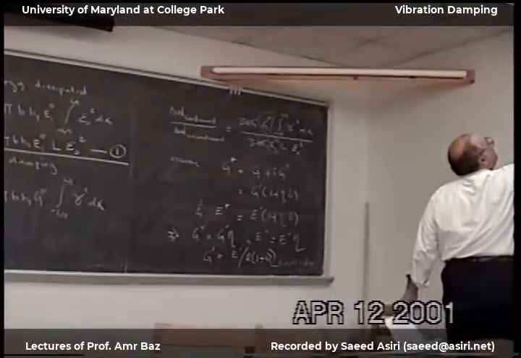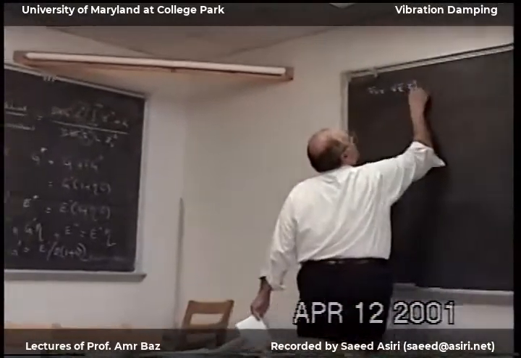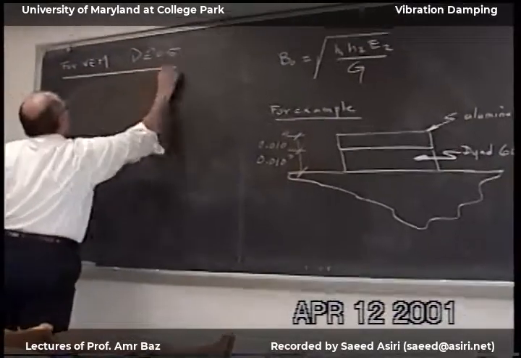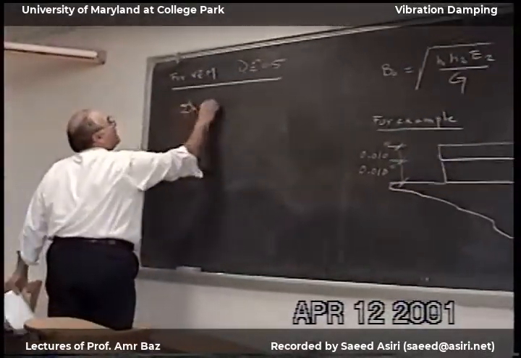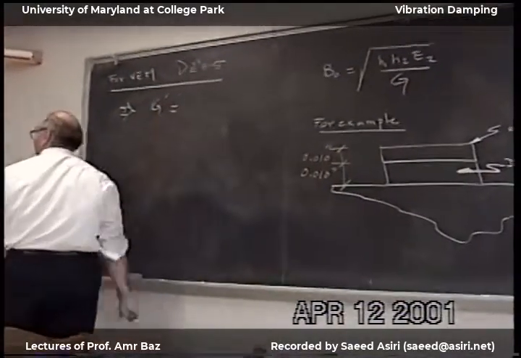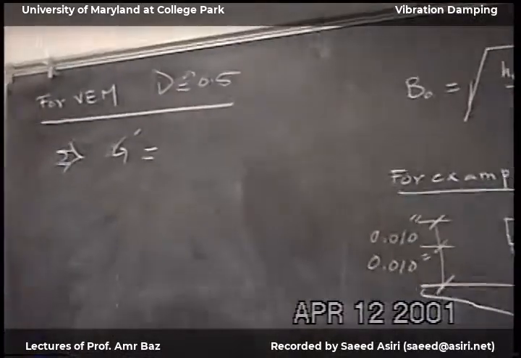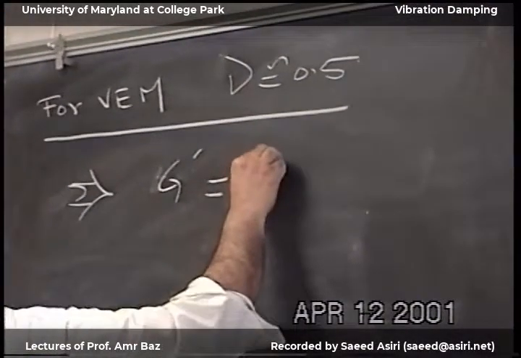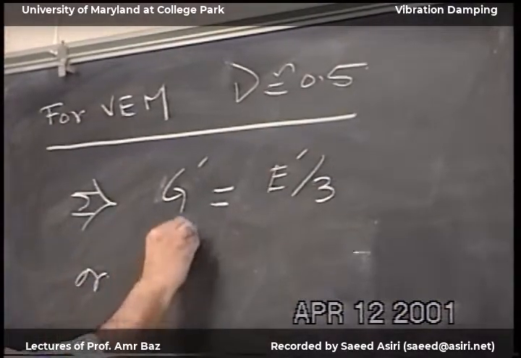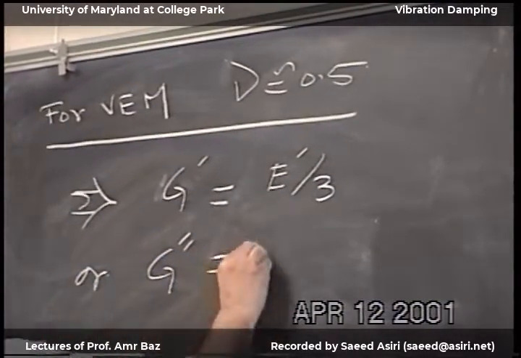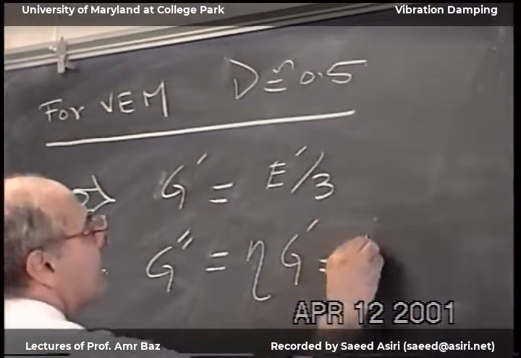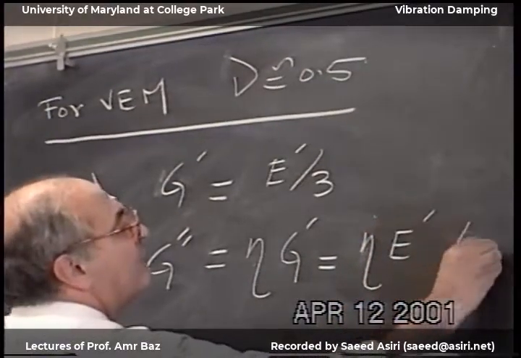For viscoelastic material, the Poisson ratio is approximately 0.5. Then we have G prime is equal to E prime over 3, and G double prime is equal to eta times G prime, which equals eta times E prime over 3.